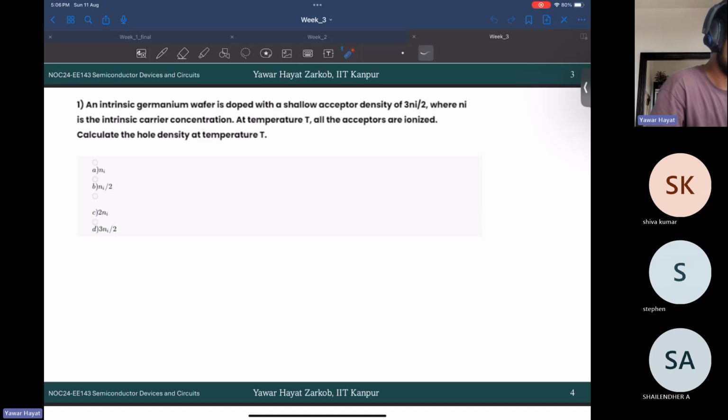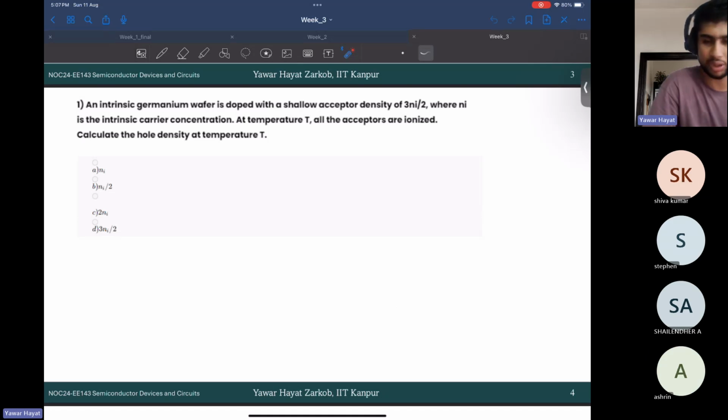We need to calculate the hole density at temperature T. I'll just wait for a couple of minutes, and once you attempt it, just let me know, sir, we attempted, then I'll start showing it myself. Please attempt this question.